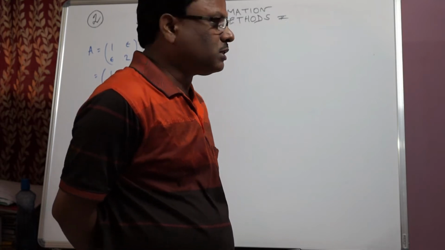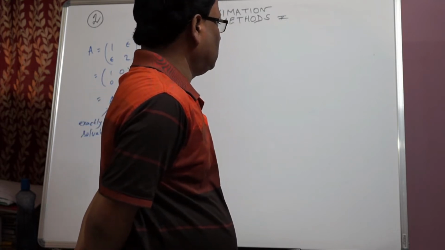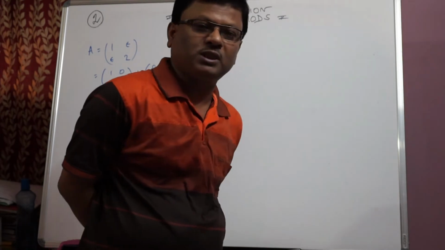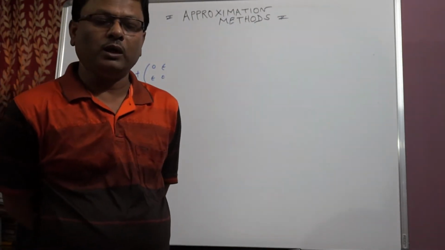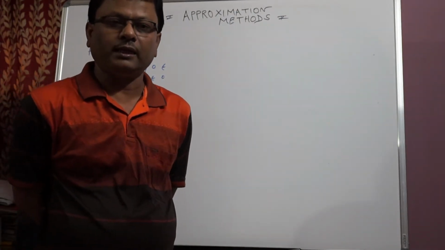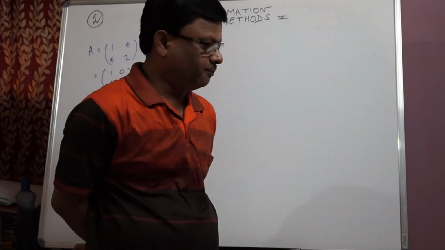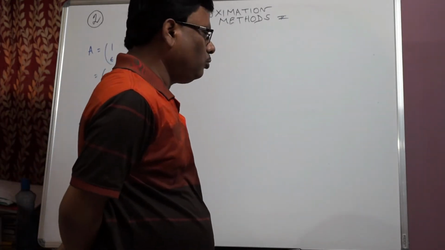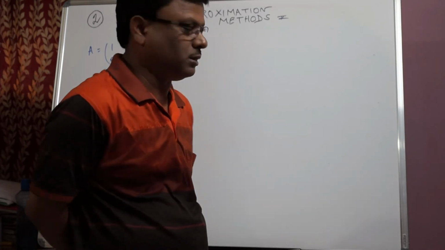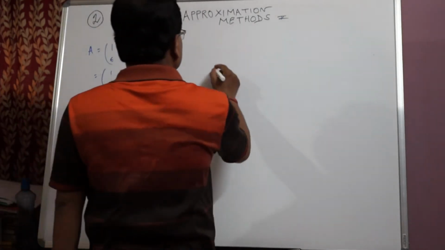So in quantum systems, we encounter two types of systems. One is the bound system and another is the unbound system. So what do we mean by a bound system?